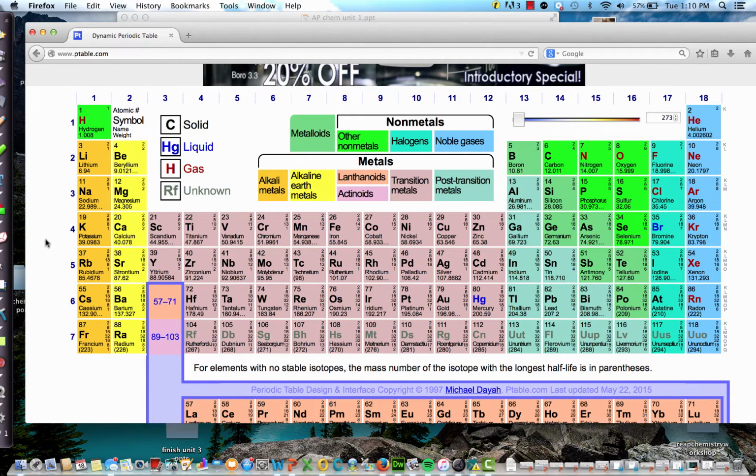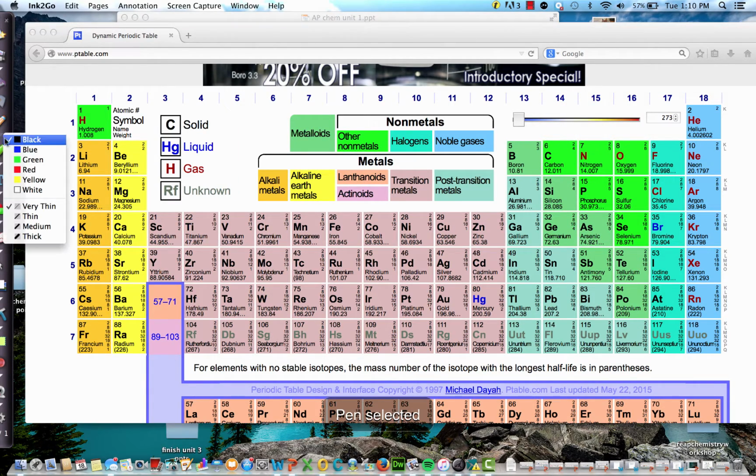So when you have an ionic compound, really what you have is a metal that has lost electrons and has become positive, and a nonmetal that has gained those electrons and become negative, and then because of that they are attracted to each other.